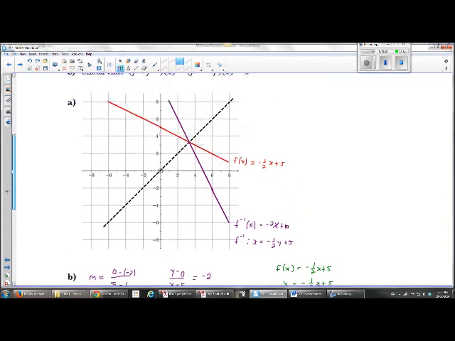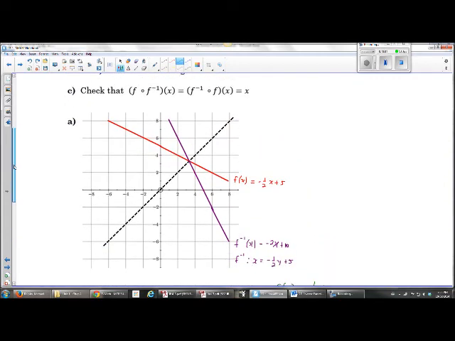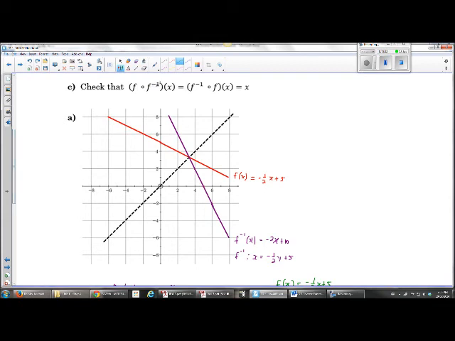So this is using coordinate geometry, and this is using variable interchange, interchanging the x and y values and solving for y. The last thing we have to do is check that f composite f inverse of x equals f inverse composite f of x equals x.